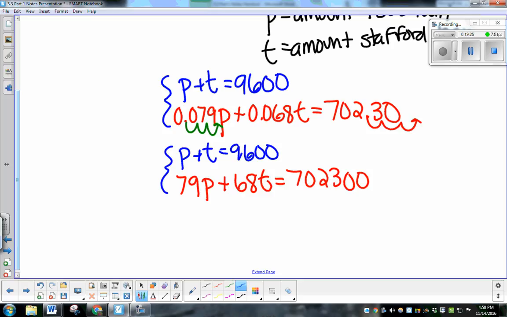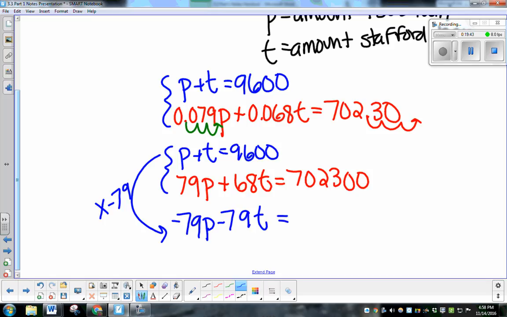So what I'm going to do is leave my first equation. I'm not going to leave it the same, actually. I'm going to multiply this one by negative 79 because then my P's would cancel out. So I'm going to have negative 79P minus 79T equals, I've got to do 9,600 times negative 79, and I get negative 758,400. We're working with big numbers, but it's just the same math we've been doing.